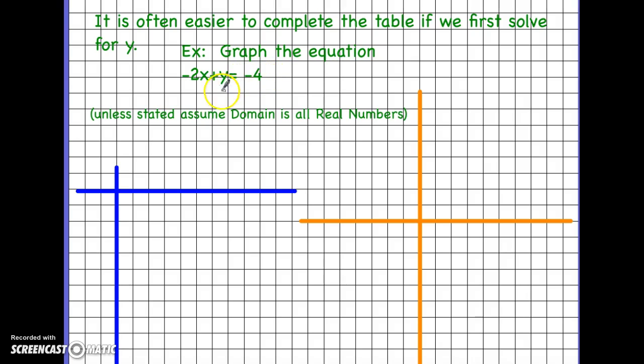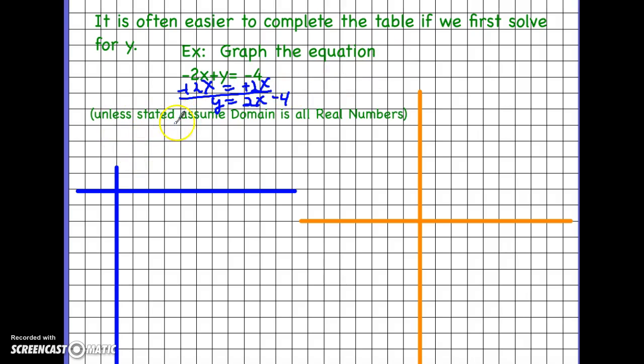So we can use the literal equations and we can solve this for y. So remember, I need to move the -2x. So I would add 2x to both sides. And that would give me y equals 2x minus 4.